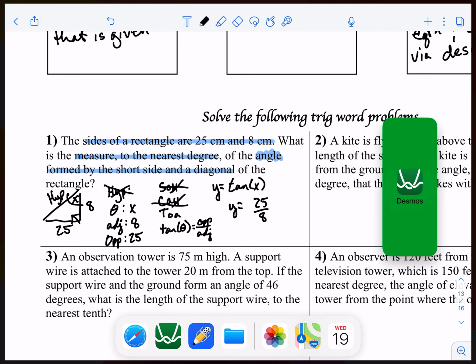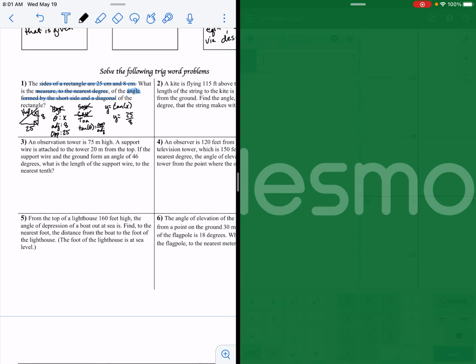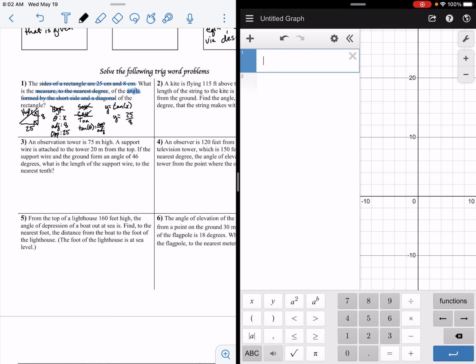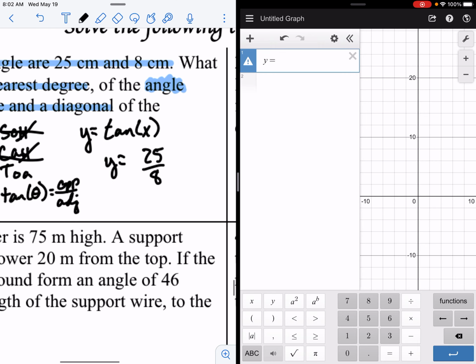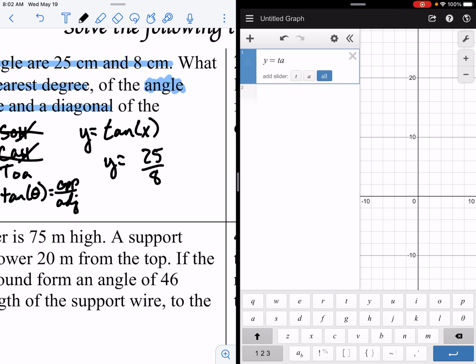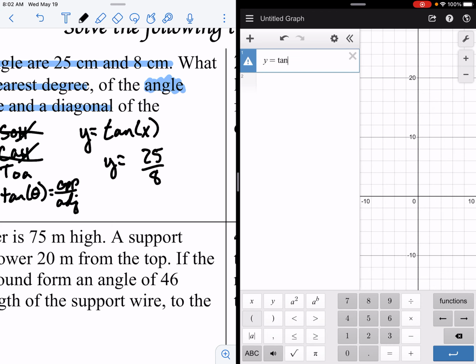Go to Desmos. Make sure my calculator's in degree mode because I'm doing trig. And from here, you just type in your system. Y equals tan of x.